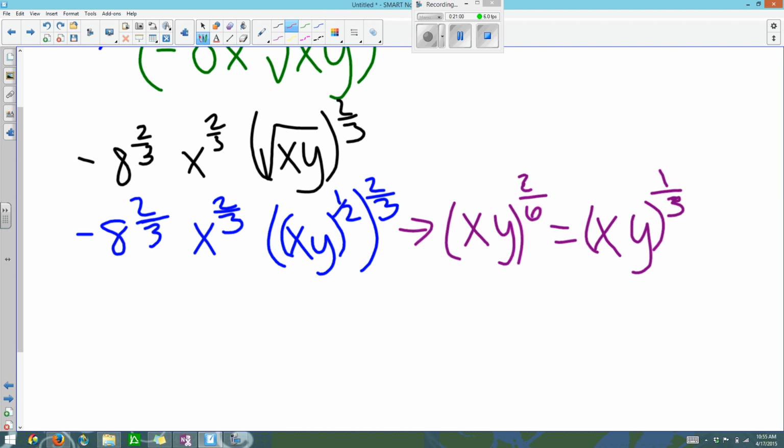All right, so now let's see what I do. What's a way I could simplify without putting these in radicals? What's another way I can simplify? Well, I can change -8 to what kind of number? What do you think? Not quite.